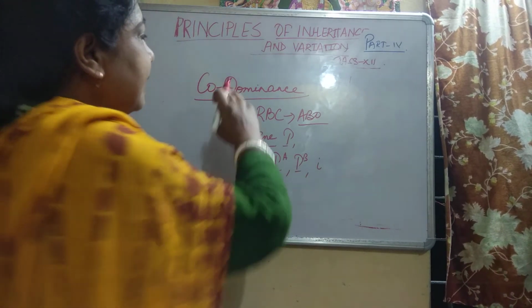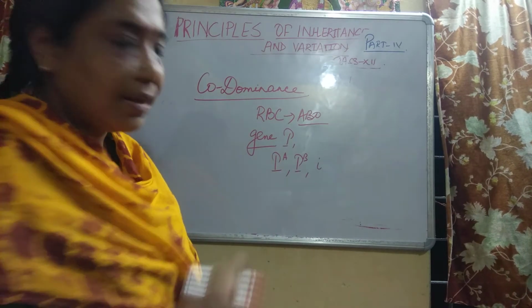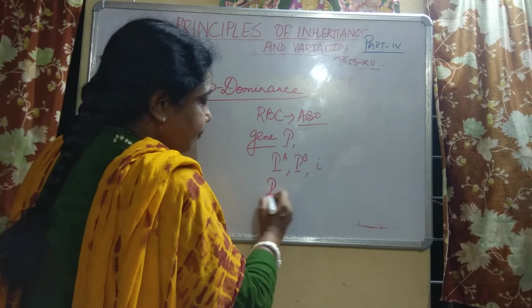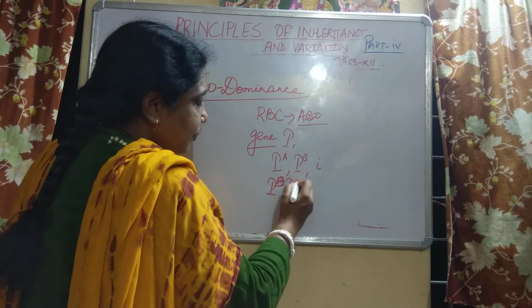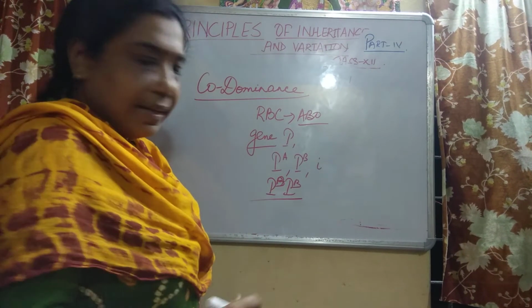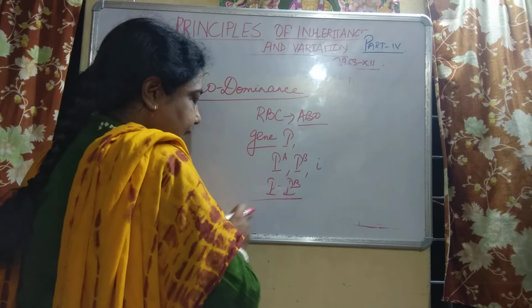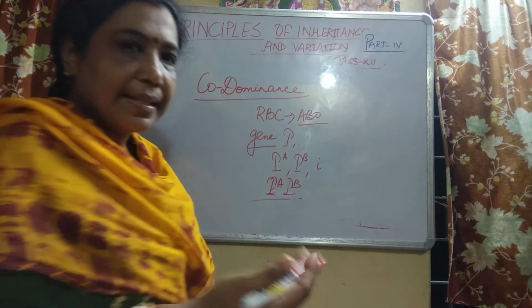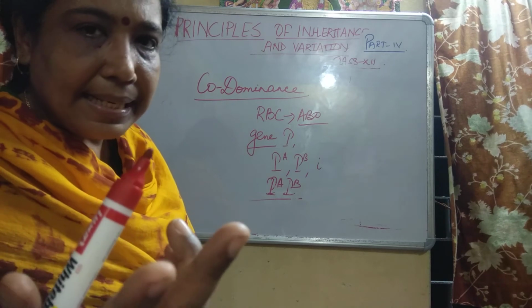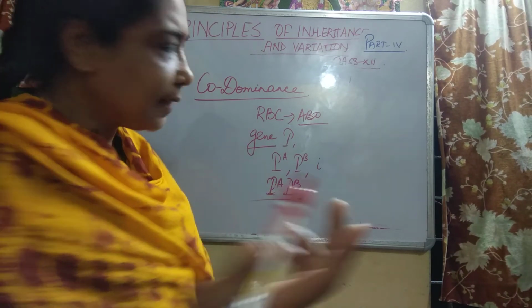Now see why it is being said codominance. Why? Because if you see, if A and B come together, let me write it nicely. Because to express itself, two alleles or allelic forms must come together.